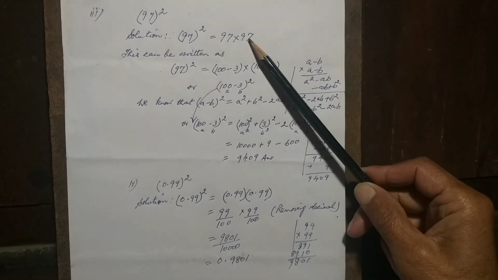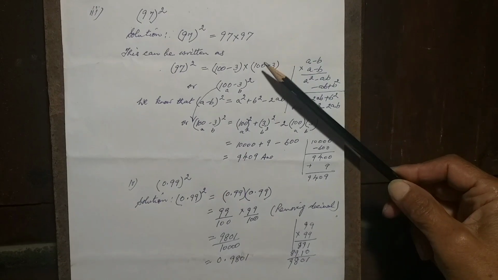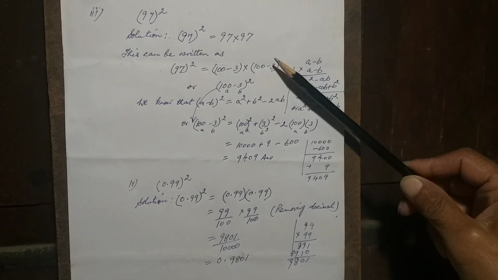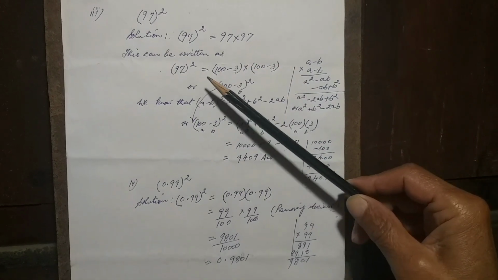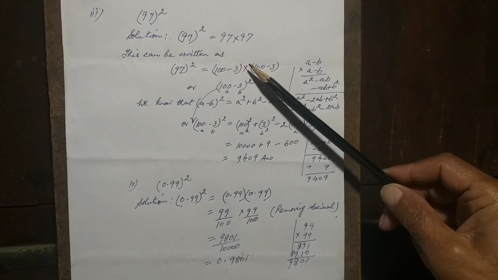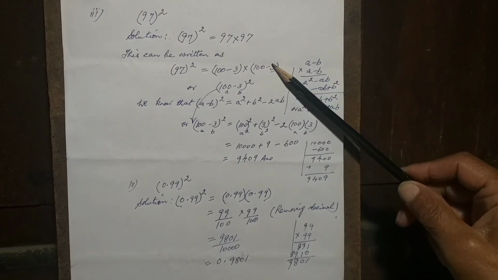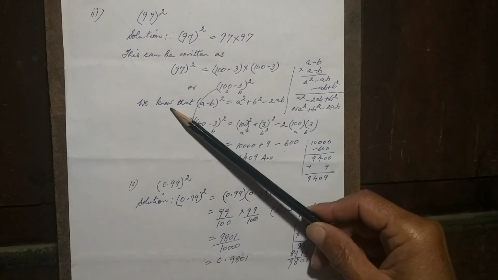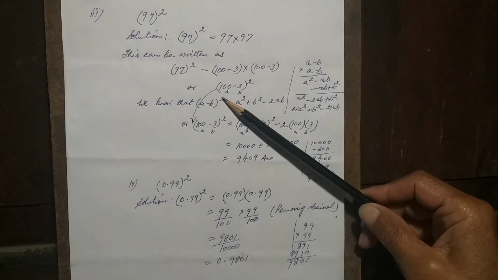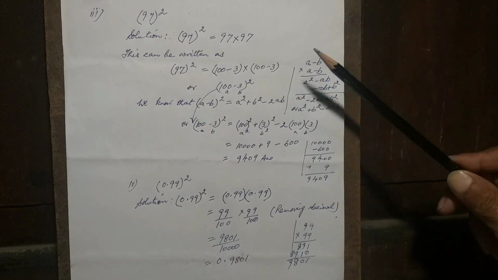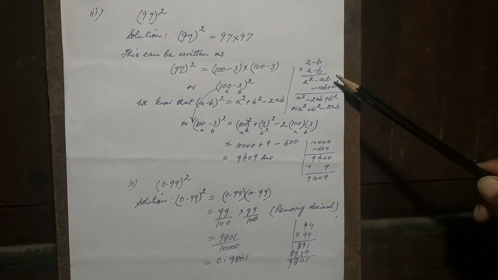In the same way, this 97 we can write as 100 minus 3. Now what does this mean? 100 minus 3 multiplied by 100 minus 3 means 100 minus 3 whole square. Now we know that a minus b whole square is equal to a square plus b square minus 2ab. This is the multiplication given here.